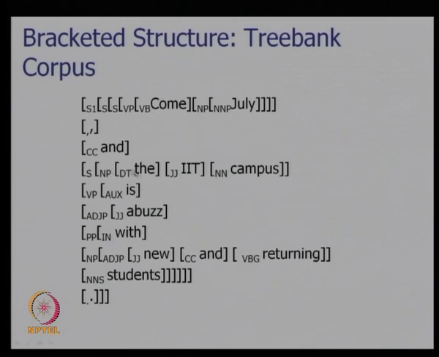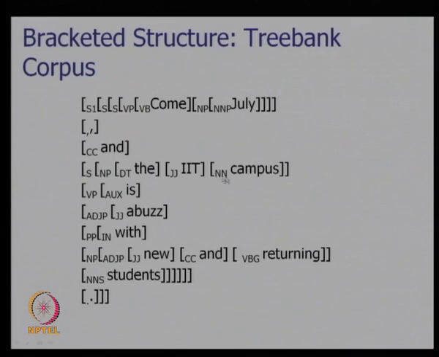Now, the IIT campus is abuzz with new and returning students is a complete parse tree, and the bracketing shows the inherent structure. So, let us go over this slowly. The is a determiner, it is resolved this way, and the bracketing shows DT goes to the. IIT has an adjectival role here.